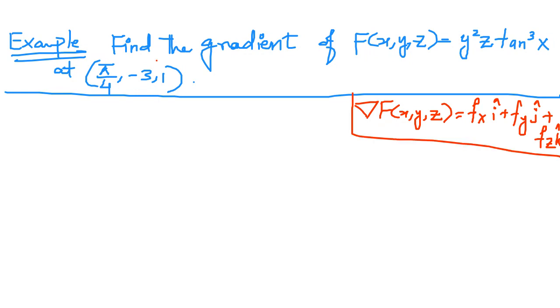Now, if they say you have to find the gradient at this point, then you have to substitute the point. What is the partial derivative with respect to x? Anybody can tell me?